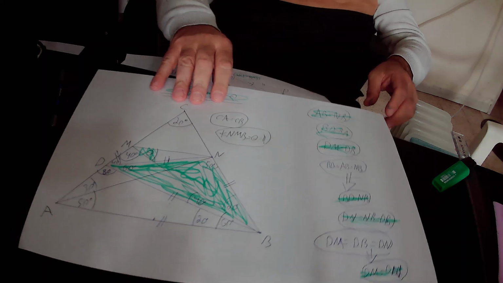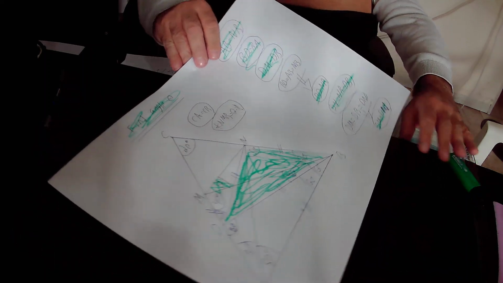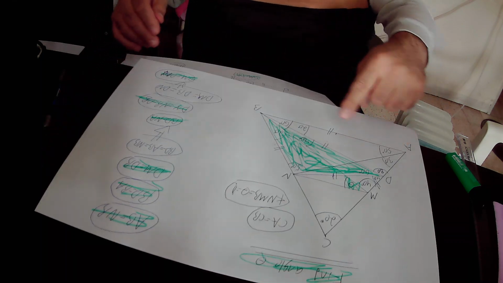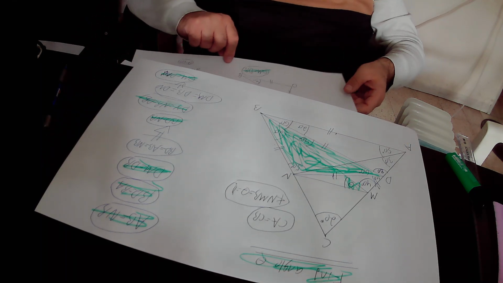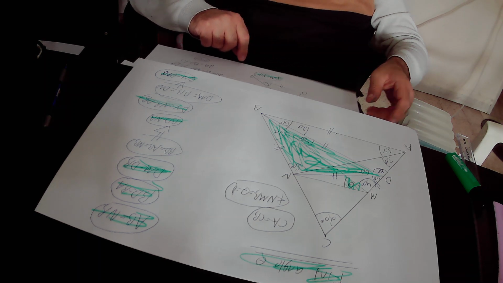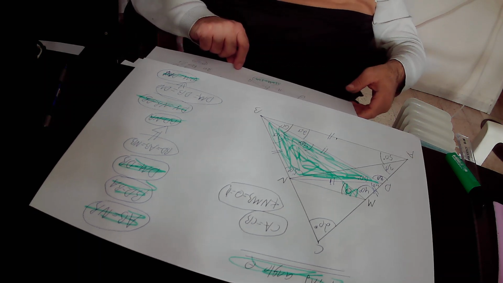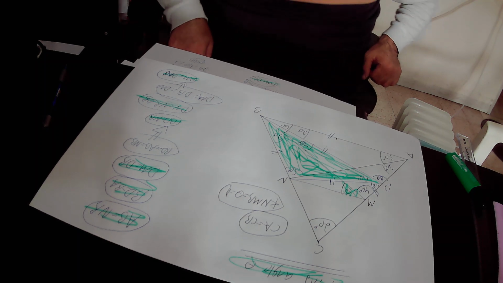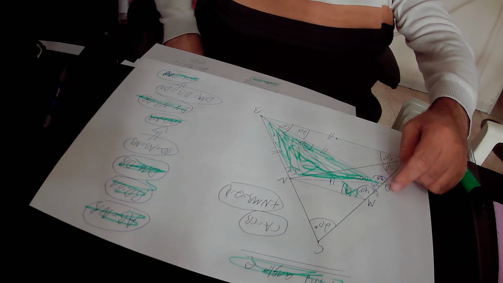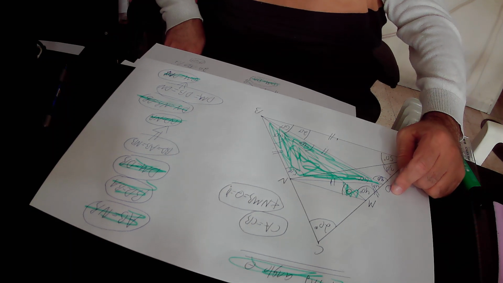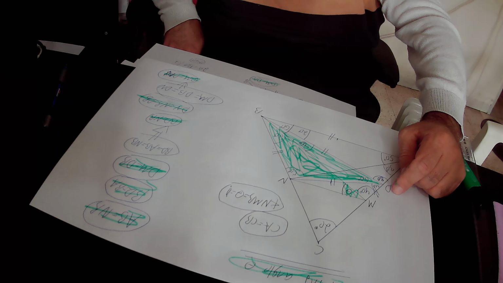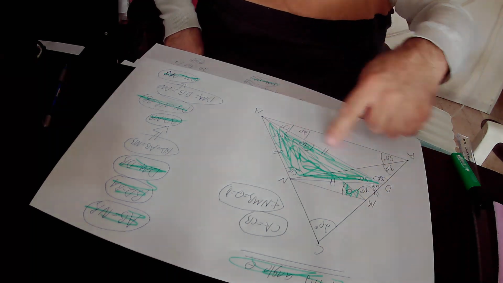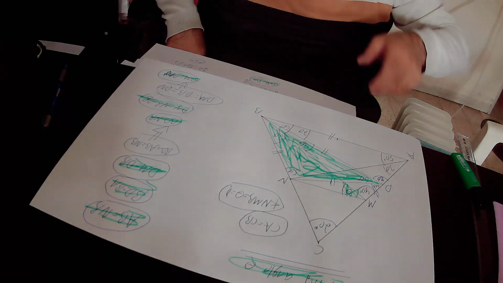Then we focus on triangle DMB, so I copy triangle DMB in a new page and we analyze this triangle.